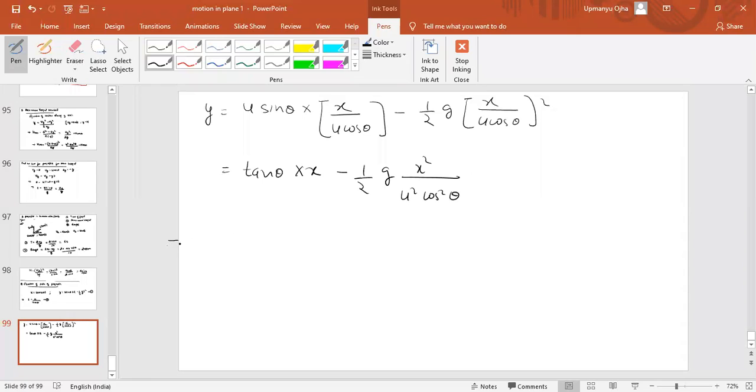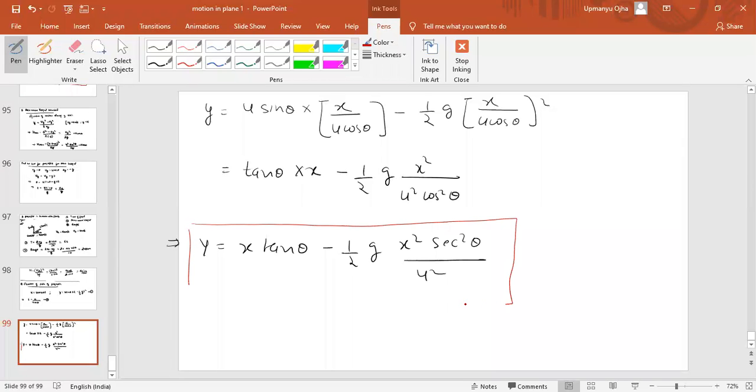So we get the equation of projectile: y equal to x tan theta minus half g x square secant square theta by u square.